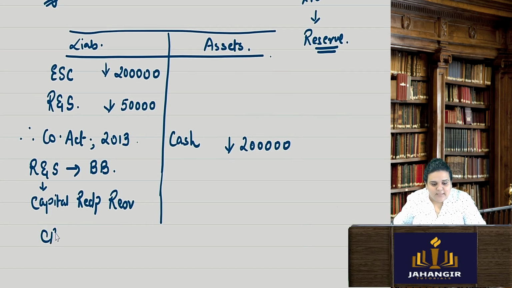You transfer that much of amount to CRR, make another reserve which actually does not have any money in it. It is just a notional reserve to show it in your balance sheet.